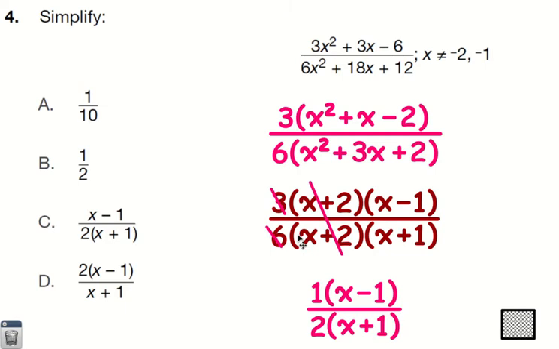And so after the canceling and the simplifying, you're left with this, which looks like choice C. Because really, do we really need this 1 right here? No. And so the top is really just x minus 1, and the bottom is, so there we go. Again, you factor before you look to cancel.